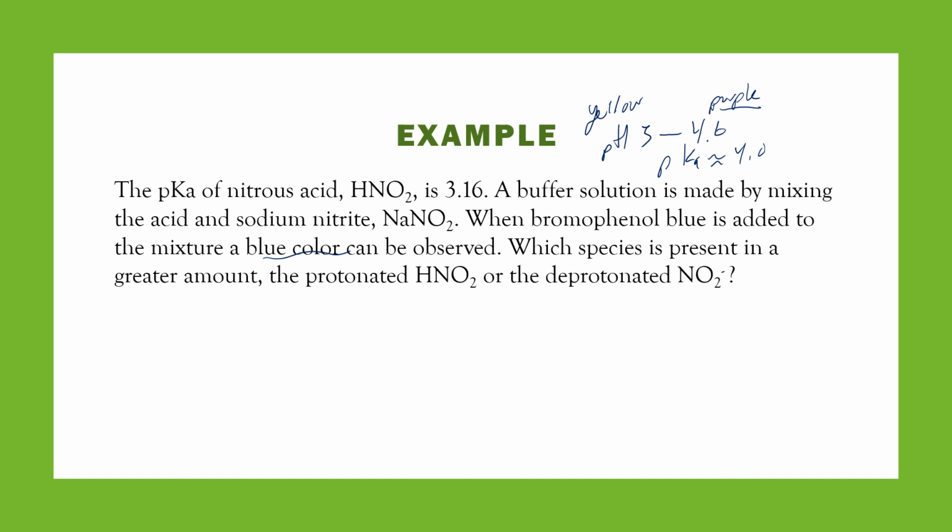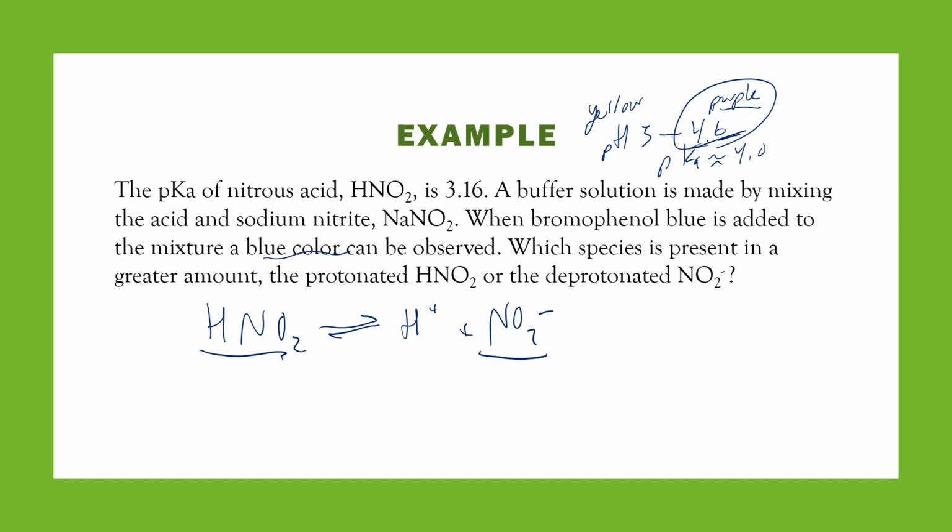All right, let's write our weak acid dissociation just so we can visualize it. So this is protonated, and this is the deprotonated. A blue color can be observed, so we know that it's going to be a higher pH than the pKa.